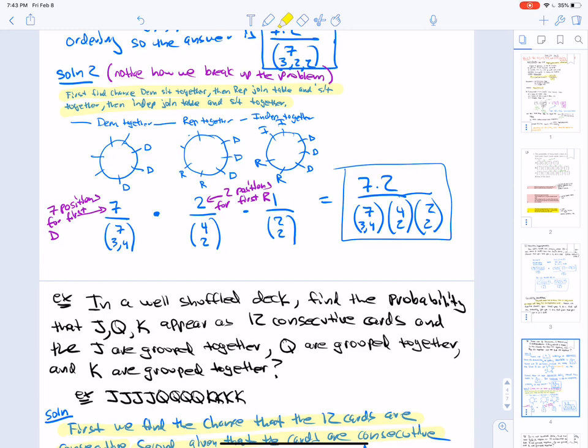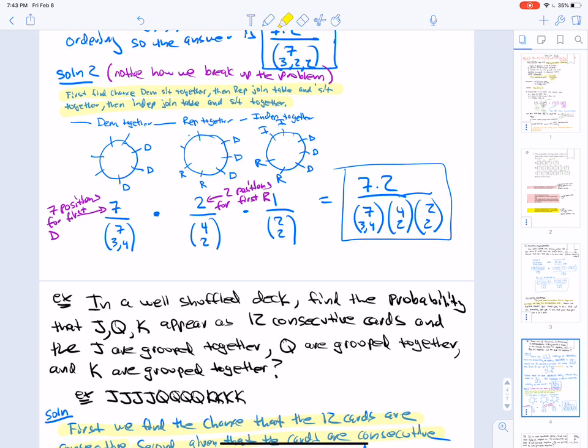So the chance that the Democrats sit in the first 3 seats and the Republicans sit in the next 2 seats would be 1 over 4 choose 2. But the Republicans could also sit in seats 6 and 7. So we actually get 2. We have to multiply by 2.